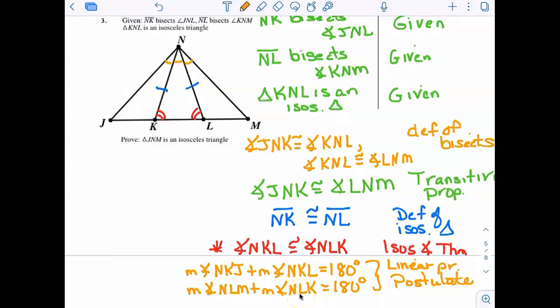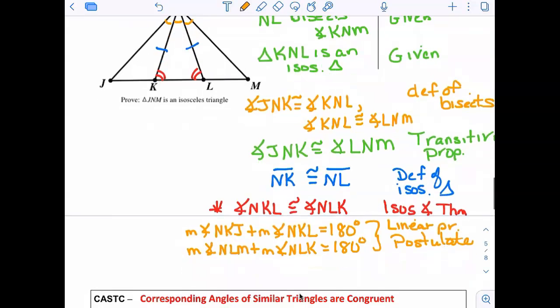So since we've done that, now we can set these two things equal to each other and use that information to help us prove that this angle here is congruent to this angle over here. Okay, so since both of those are 180 degrees, I can set them equal to each other.